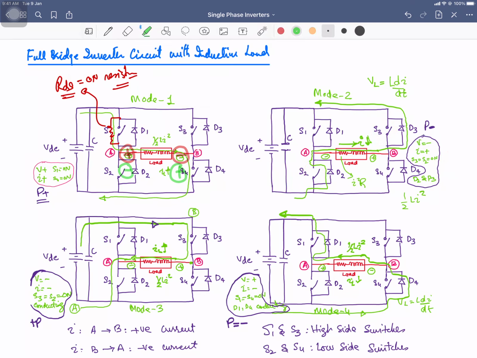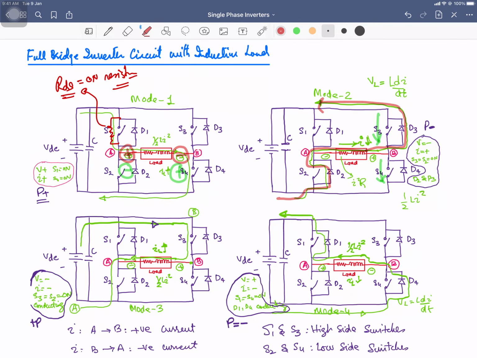Why they are not conducting? Because they conduct only in one direction, because these are the unilateral switches. So they can only conduct in this direction over here assumed, and they cannot conduct in the opposite direction. So because of that, the diodes are providing the path for the flow of the current, right?